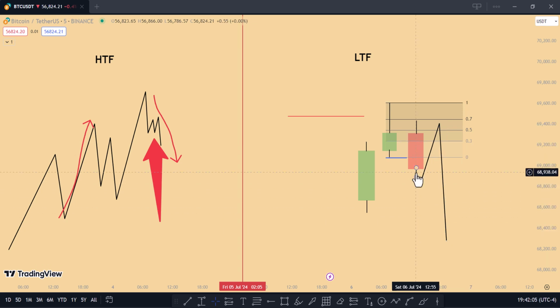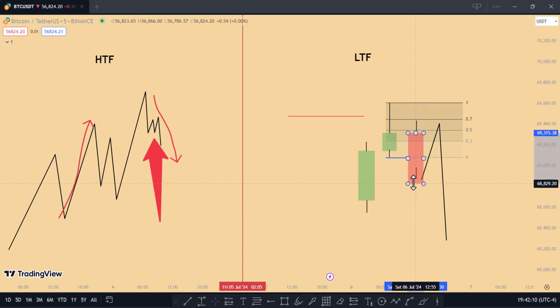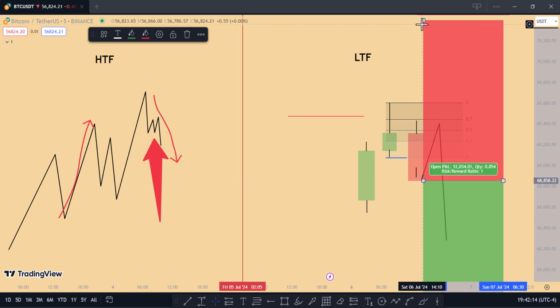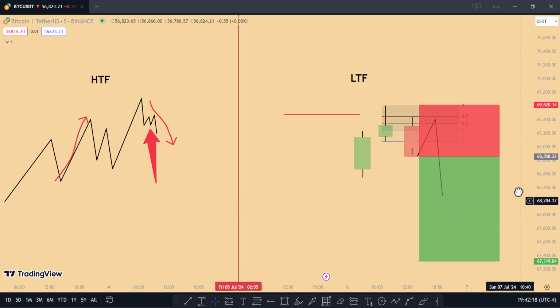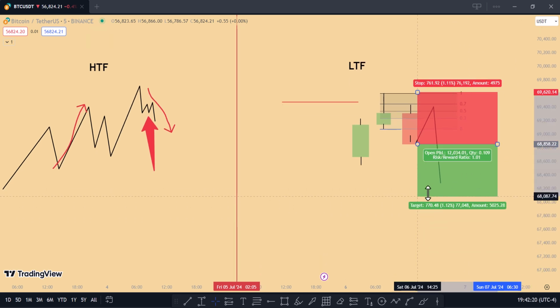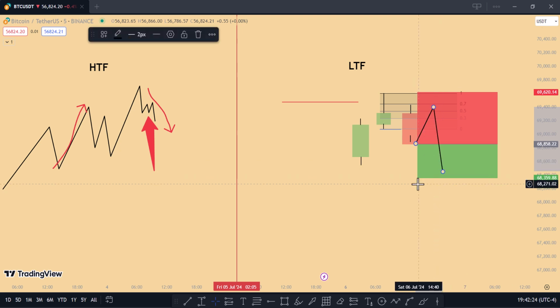And also, you really don't want to enter here. Let's say, for example, this candle closed here. You don't want to enter from here because your stop loss is going to be too wide and you don't know how much price is going to pull back. Sometimes price will pull back only to here, right?